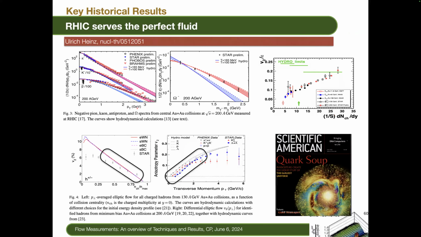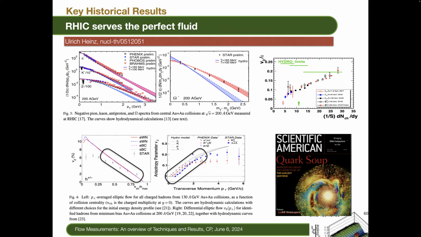And this led, in particular, Ulrich Heinz and several others to compare the data with various calculations. I'm not going to go into detail here, but just to show that with these calculations, Ulrich Heinz was able to reproduce the transverse momentum spectra, and he was able then to also explain the amount of flow that was observed.